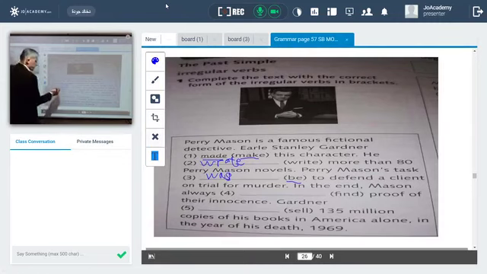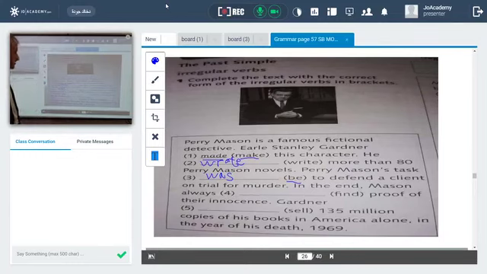Let's correct our writing. I can't hold this pen. It's difficult to write. Okay. So, was to defend a client on a trial for murder. Murderer means qatil, murderer. Defend him in the court, and he has to go to the court and defend him.